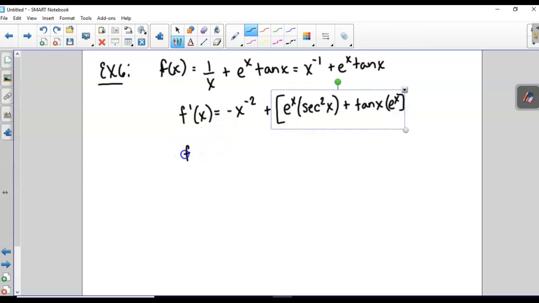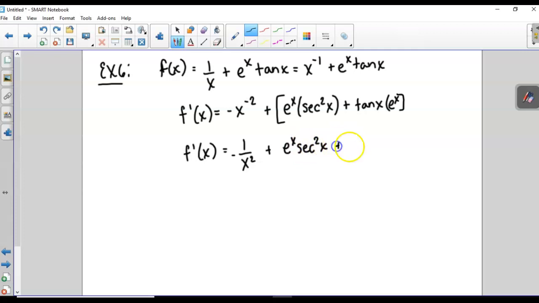So you're probably just going to see negative 1 over x squared plus, they'll probably just leave it e to the x secant squared x plus e to the x tangent x there.